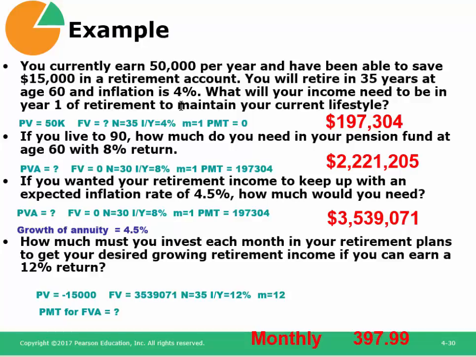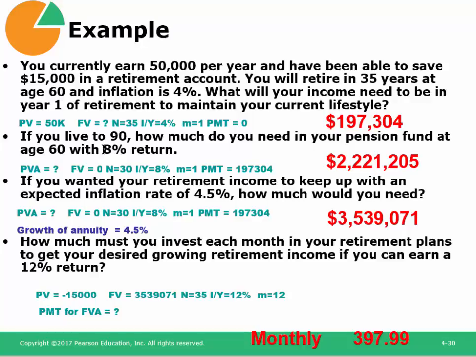So how much do you need to earn in retirement, year one, to maintain your current lifestyle? Here I've given you the variables, and if you plug these variables in and pause the video, you'll come up with these solutions. You need to make $197,304 in year one of retirement.